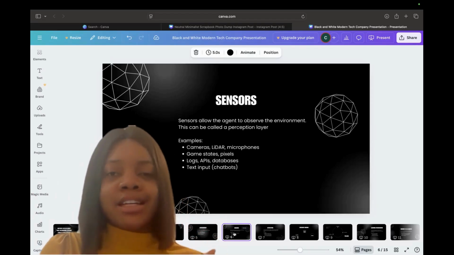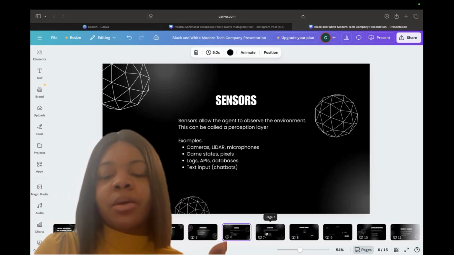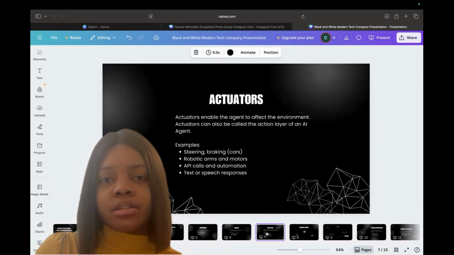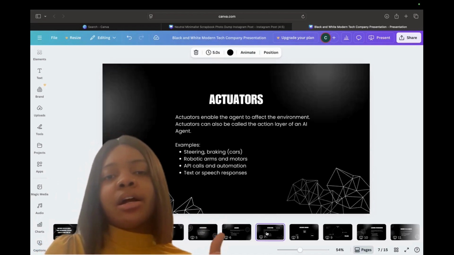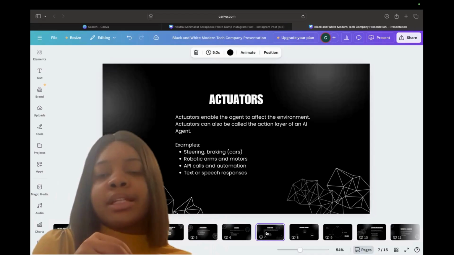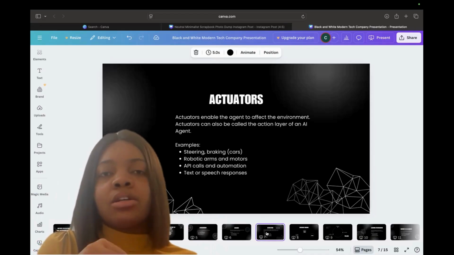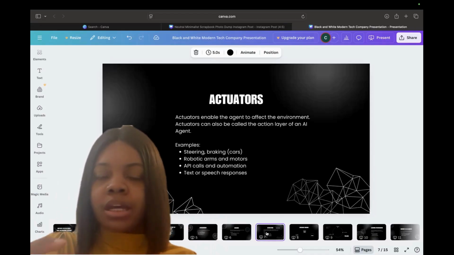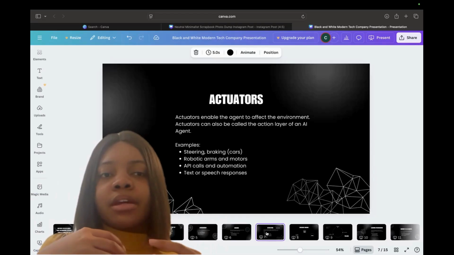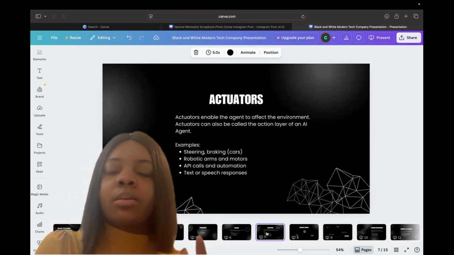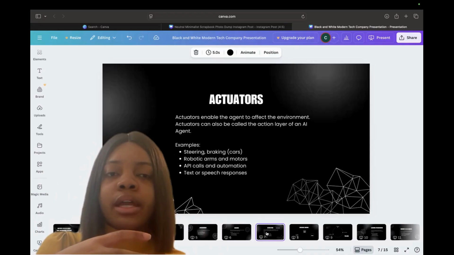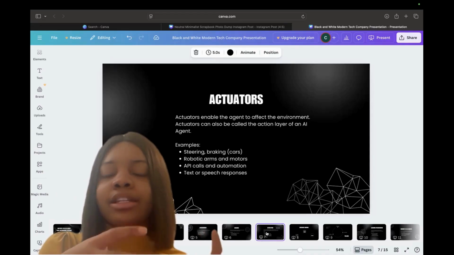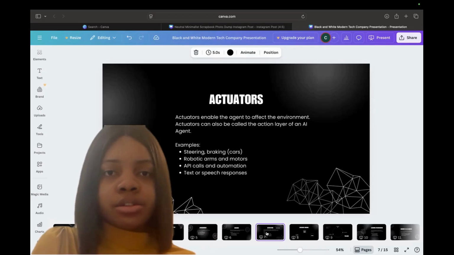And speaking of acting on those environments, we'll be going into actuators. Actuators are the components that help the AI agents to affect the environment. So they're like the action layers. The AI agent uses the sensors to perceive and the actuators to act in those environments.